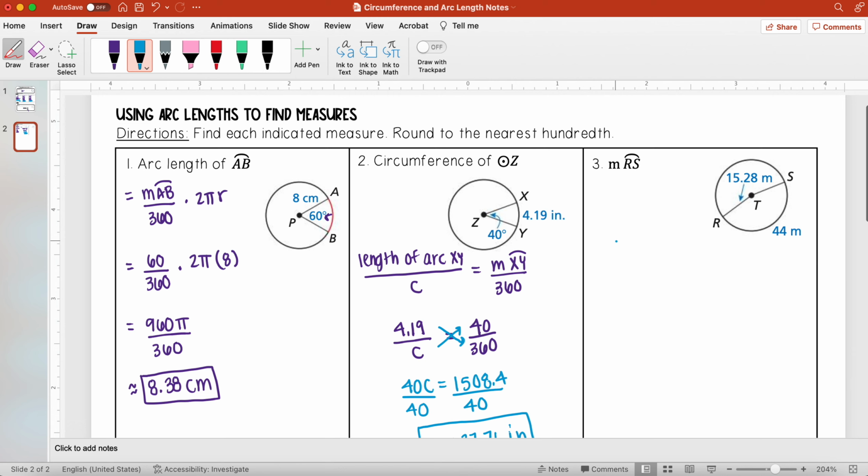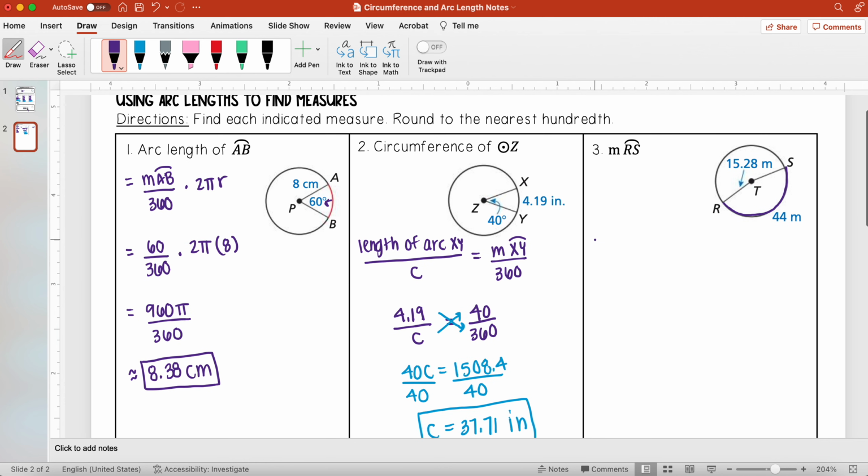Okay, let's try one last problem. Here I'm actually wanting to find the measure of arc RS. So I want to know what its measure is, that degree. I'm going to be using this same setup.